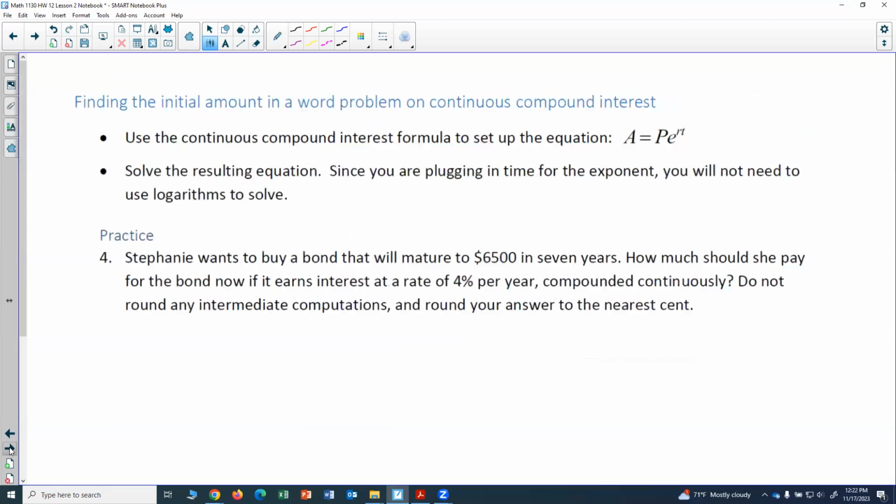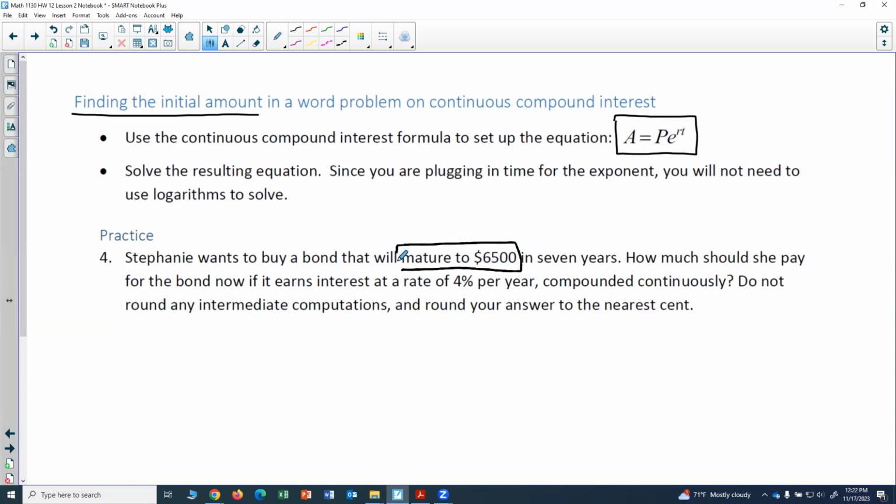Let's look at one more example. In this one, we want to find the initial amount in a word problem on continuous compound interest. So this is also on your formula sheet. Your continuous compound interest formula is A equals Pe to the rt. What you'll want to do is plug in the numbers you know and then solve for the unknown. Stephanie wants to buy a bond that will mature to $6,500 in 7 years.